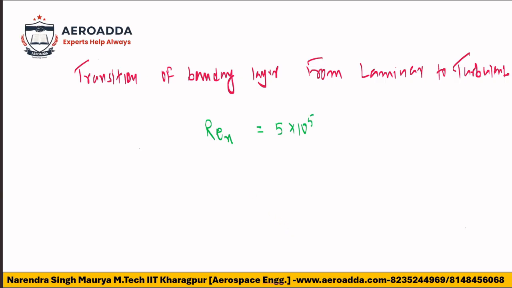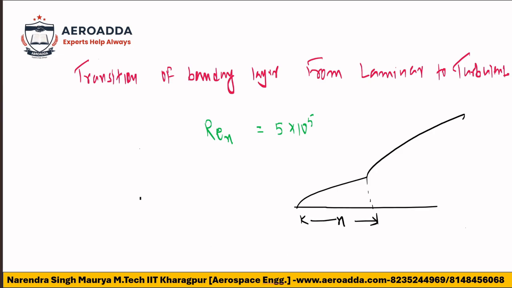That means if you are going to calculate the x distance, in terms of x also they can ask. So what is the formula of Rex? Rex is rho U x divided by mu.